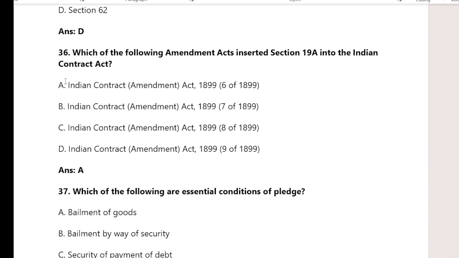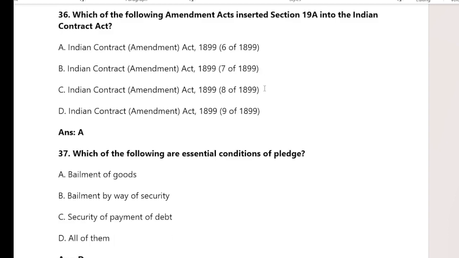Then the right answer is option A. जो Indian Contract Amendment Act है वो Act 6 है of 1899.